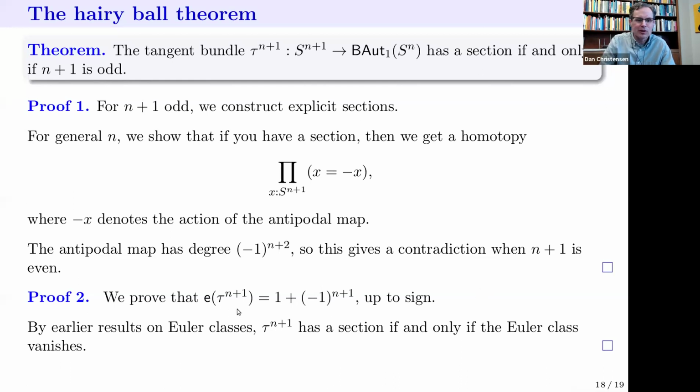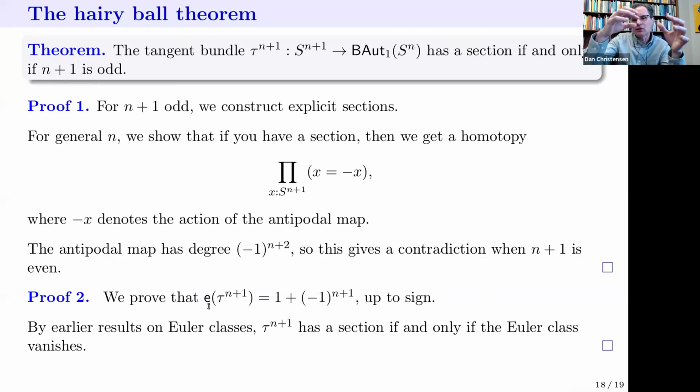Yeah, so the way we actually compute this Euler class involves showing that there's a method for computing it. And the method, at least for a suspension like this, is you start by choosing a section over the North Pole, which you can do because the fibers are inhabited.